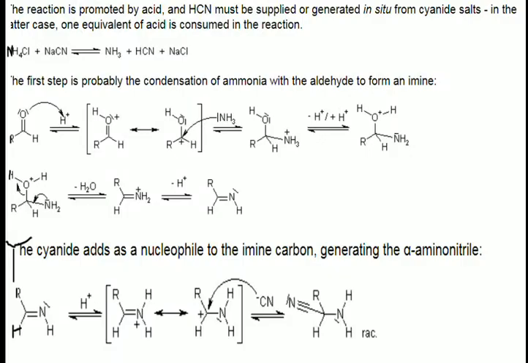In the mechanism, ammonium chloride and sodium cyanide react with each other and formation of ammonia and hydrogen cyanide takes place. In the first part of the reaction, the carbonyl oxygen of an aldehyde is protonated, followed by nucleophilic attack of ammonia on the carbonyl carbon.